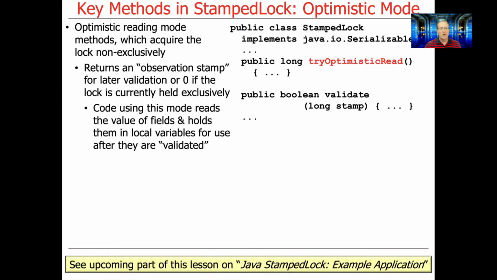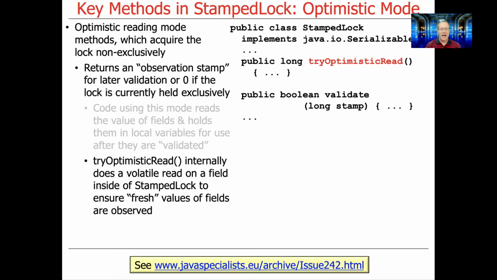So the code that uses this mode will end up reading the values of the fields that occur after we do the tryOptimisticRead, and then store them into local variables, but only allow them to be used, by convention, of course, if they turn out to be validated. Well, what the heck does it mean to be validated? And we'll see what that means in a second when we talk about the validate method.